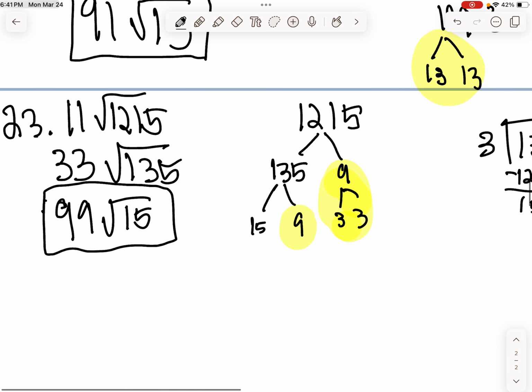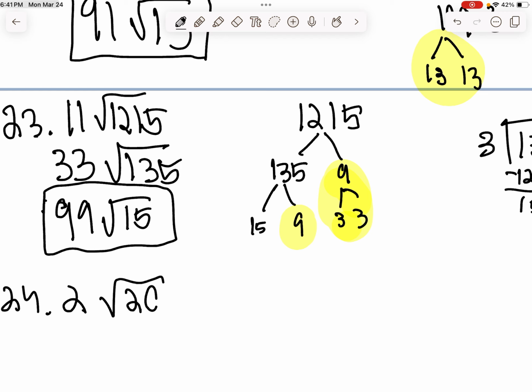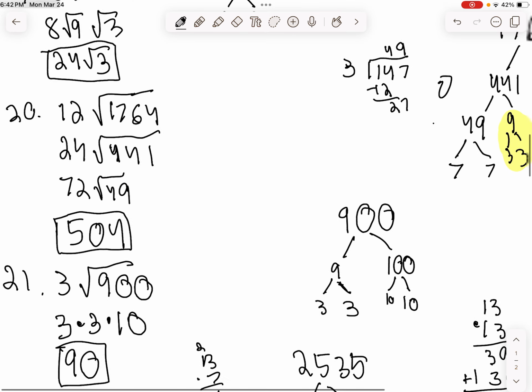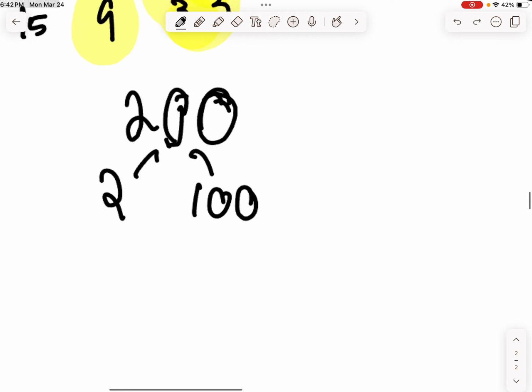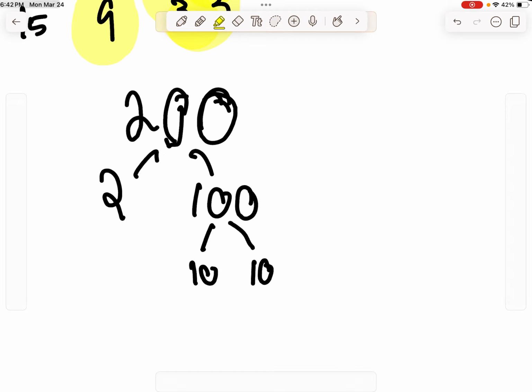24. A little break from the suffering. I'm a fan of it. 2 times the square root of 200. 200 can be broken down into 2 and 100. As I explained earlier, 100 is just 10.